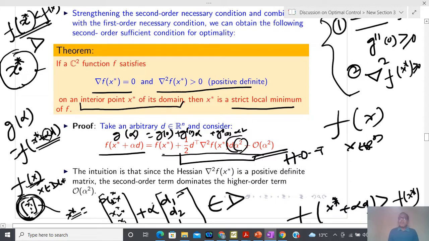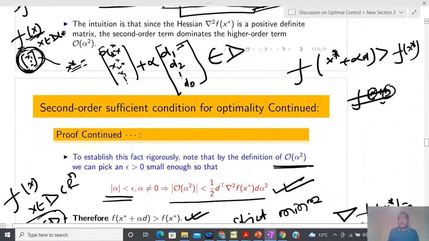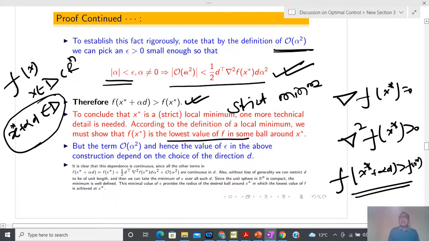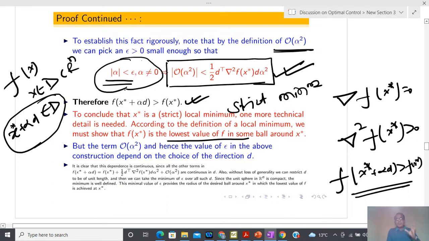Mathematically, an interior point inside the domain is nothing but this whole thing, with alpha less than epsilon obviously. So a strict local minimum occurs provided that x* plus alpha d lies inside this region.